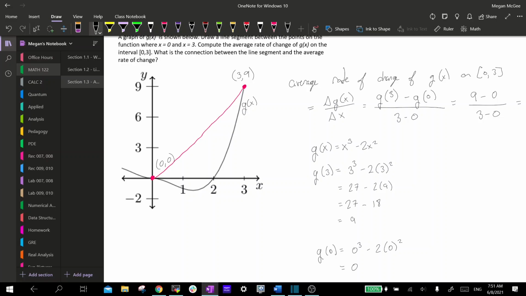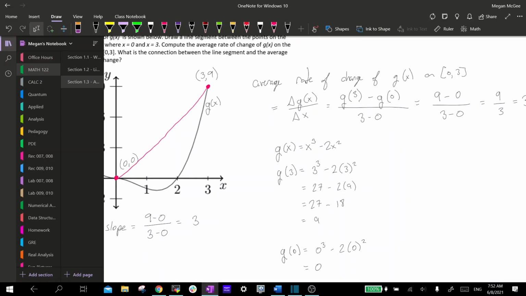We know this point is 0, 0. So we have 2 points, which means we can find the slope. So our m value, this is our slope, is our change in y, 9 minus 0, over our change in x, 3 minus 0. And this is exactly 3, the same number that we found above.